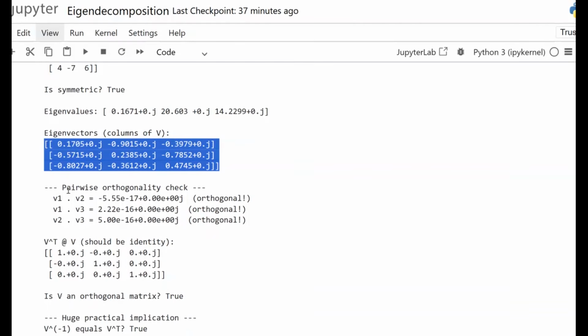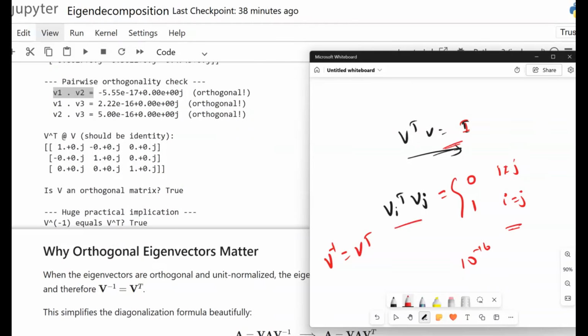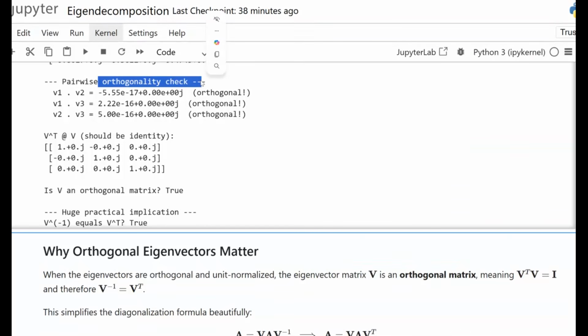And when we make the pairwise orthogonality check by using V sub i transpose multiplied by V sub j, kindly observe the exact values. As I have already specified, it would be 10 to the power of minus 16, which indicates numerically 0 if i is not equal to j, and if i is equal to j, we get 1.